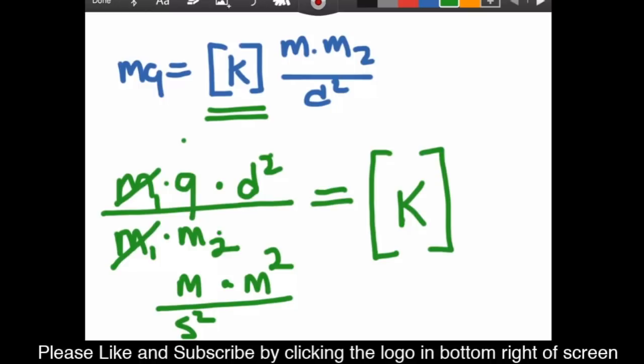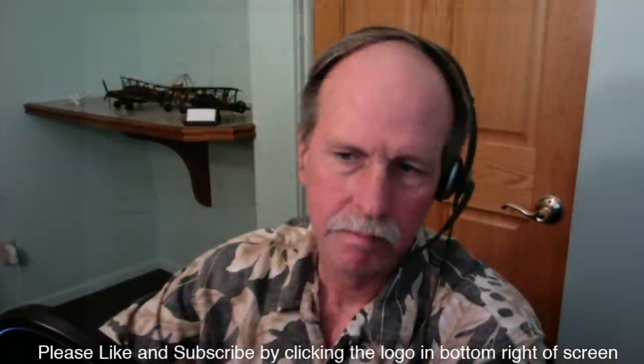And down here we have kilograms. So we end up with meters cubed over seconds squared times kilograms. So whatever these numbers work out to be, those are the units that we're going to have for K.